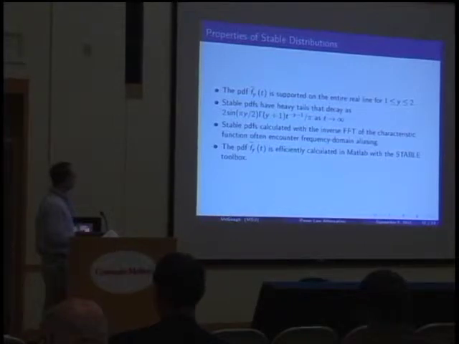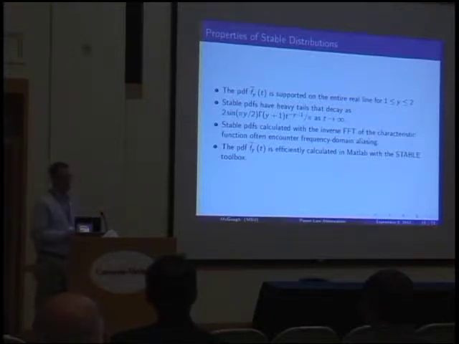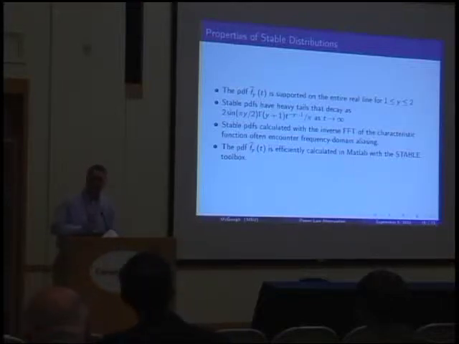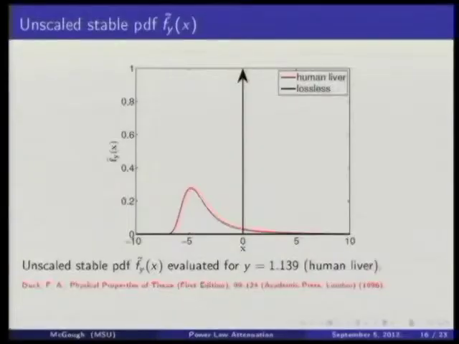We also know that if we evaluate these stable PDFs with inverse FFTs, we're going to run into frequency domain aliasing problems. So that's an issue for our numerical calculations. But fortunately, that's addressed if we calculate what I will call in effect the solution in the time domain with the stable toolbox, which is a MATLAB program that we've been using for this problem.